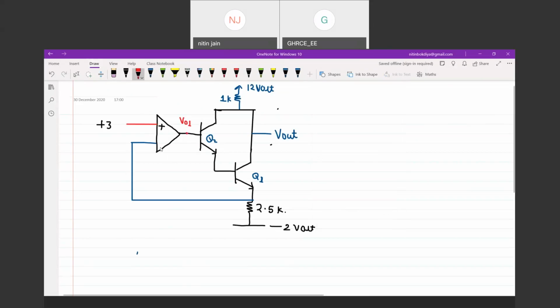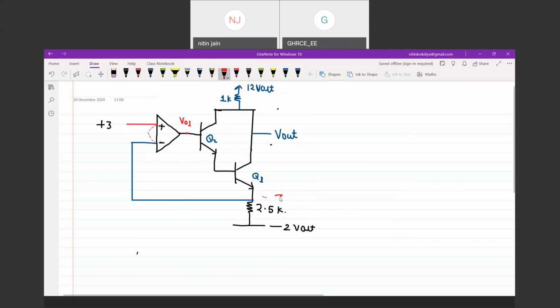The op-amp in the circuit is ideal, so an ideal op-amp will not accept any current. Can I say the potential here is 3 volt, and by applying the virtual ground concept, V plus is equivalent to V minus. Means the emitter terminal of this transistor is connected to 3 volt.